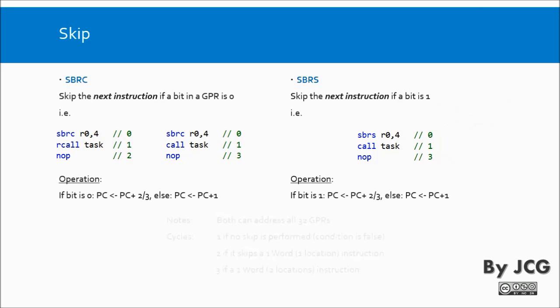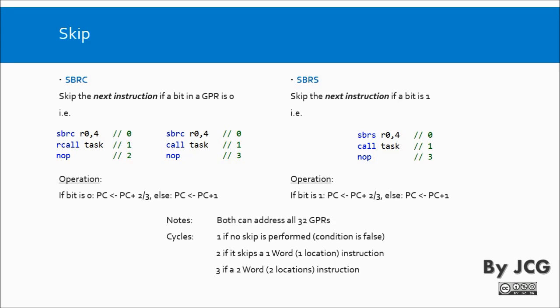We have the same operation, both access all the 32 general purpose registers, and the number of cycles is very particular. You have 1 cycle if there is no skip, so if the condition is false. It takes 2 cycles if this instruction skips 1 word or 1 location in flash memory, which is the case of this code.